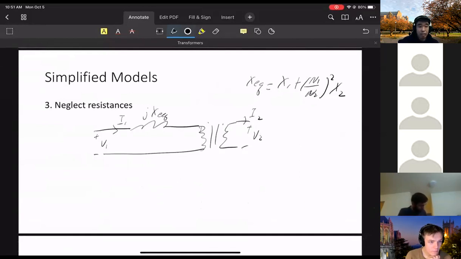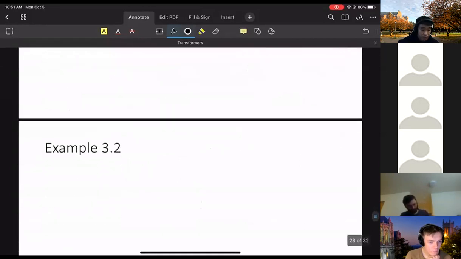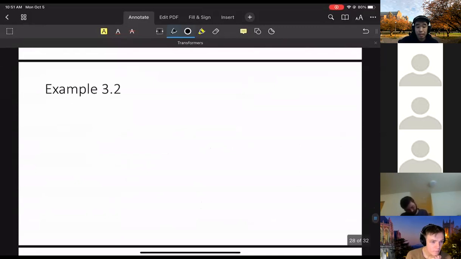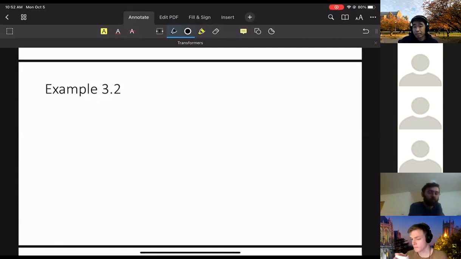So no questions. Let's do another example then. This is example 3.2, following along in the book. Okay, so this is basically the first example, but with a more practical transformer.